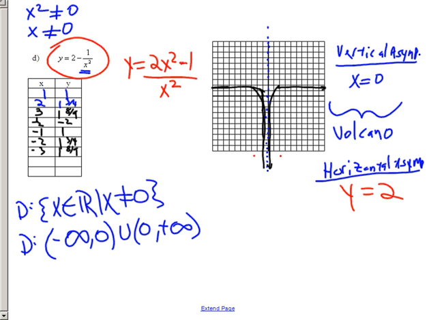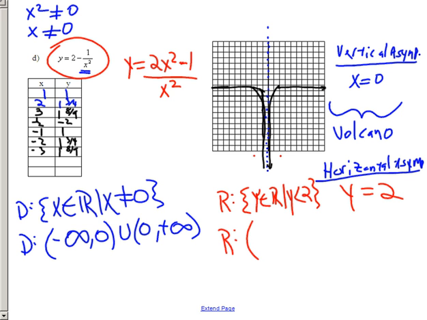There's our horizontal asymptote. If we have a horizontal asymptote, then that means that we're going to have a range restriction. In this case, it's only below that horizontal asymptote. It's not above and below. So y is an element of all real numbers such that y is less than 2.